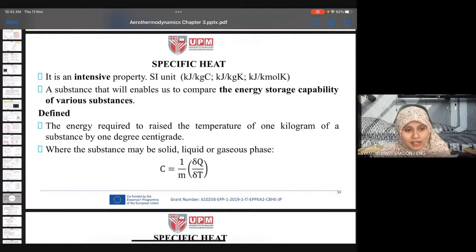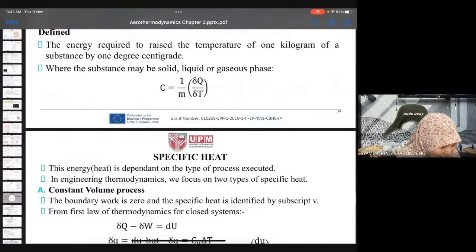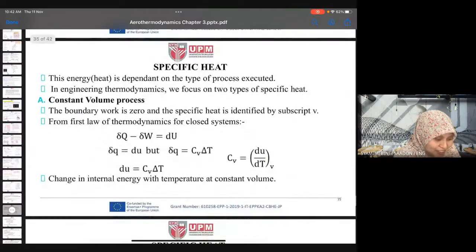Specific heat is an intensive property, SI unit kilojoule per kilogram per Kelvin. It is usually in terms of joule per kilogram per Kelvin.